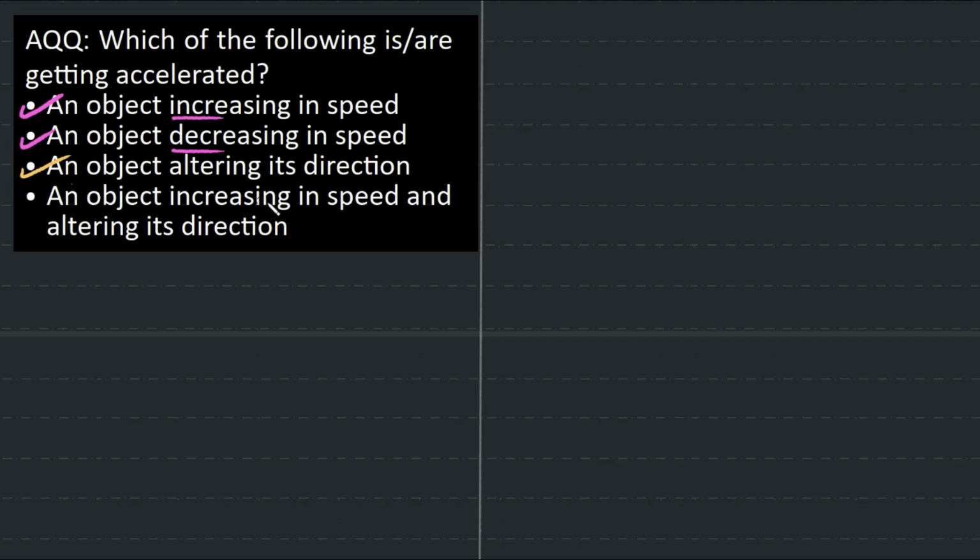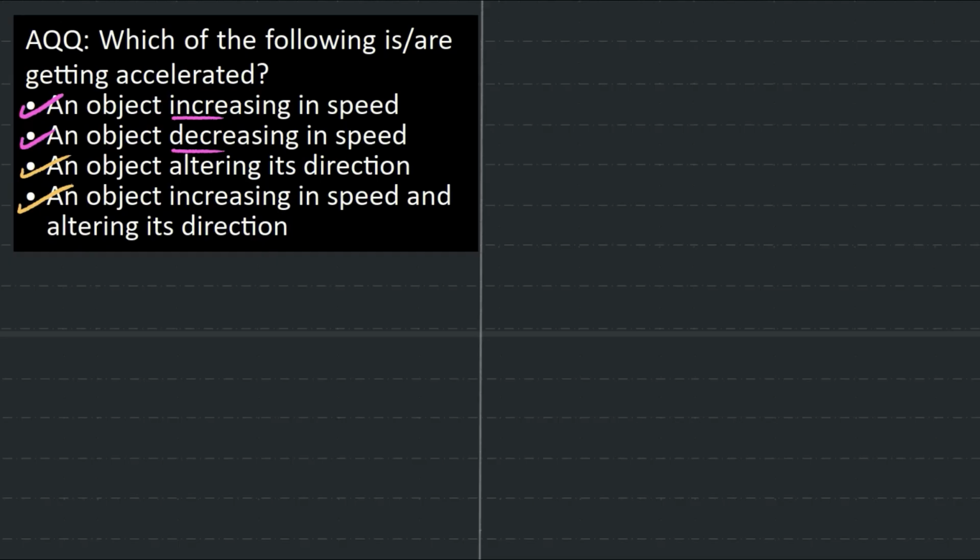An object increasing in speed and altering its direction. Yes, we have both the things happening. So this too is an example of acceleration. So whenever you see any change with respect to direction and speed, we say it is an accelerated scenario.